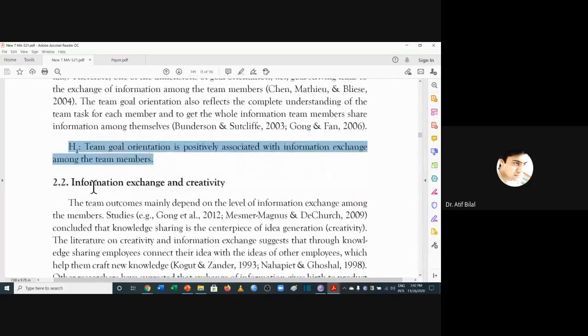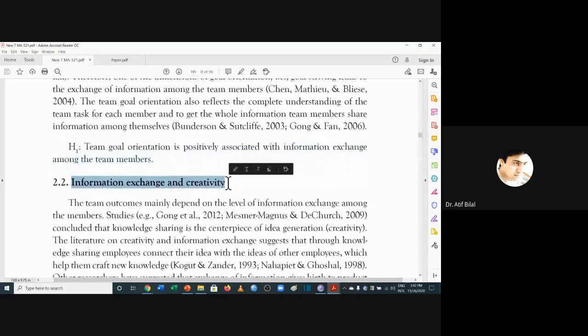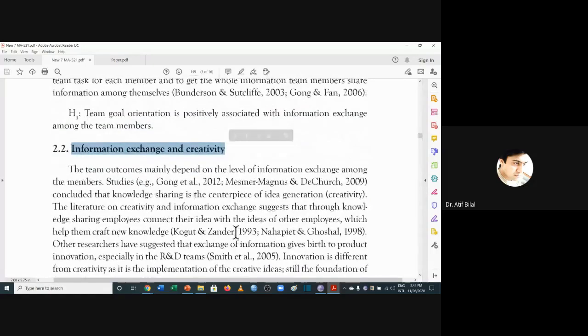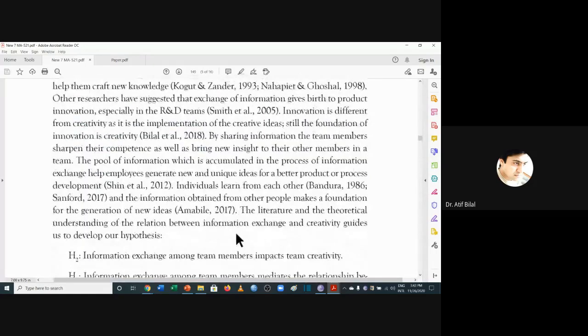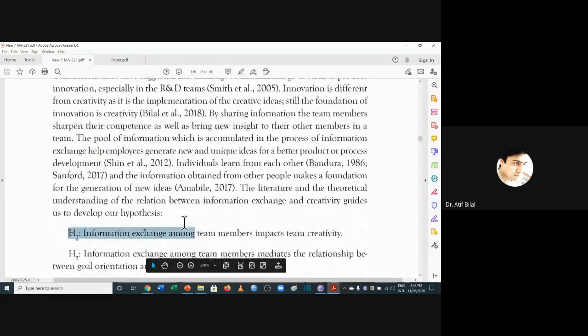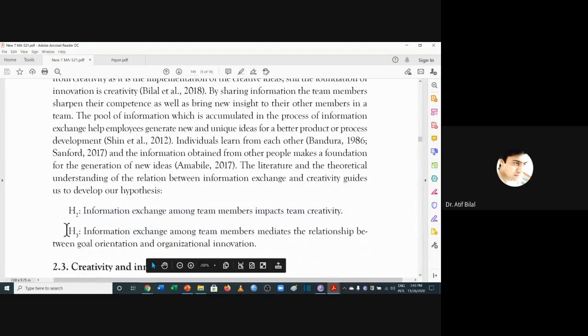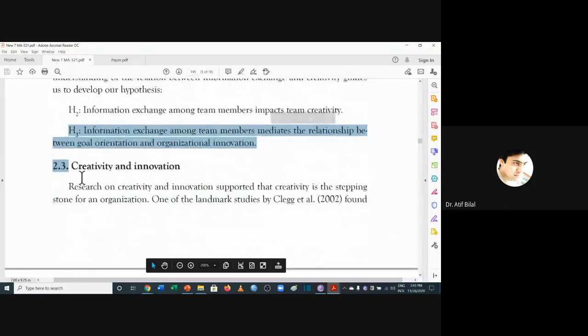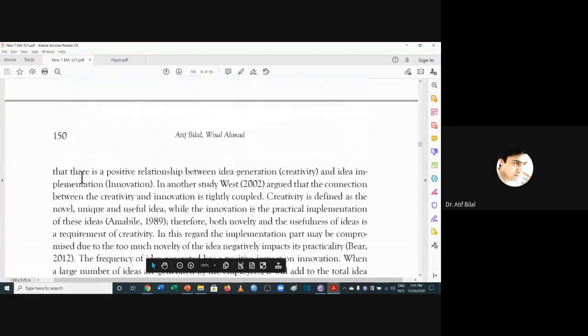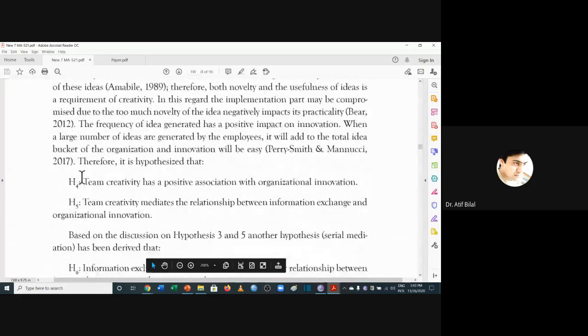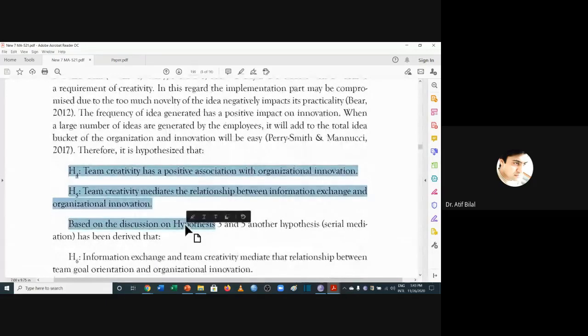Then the second hypothesis, information exchange and creativity. We talk about their relationship, and then at the end, we are saying that information exchange among team members impacts team creativity, and also the third hypothesis. The same way with creativity and innovation, we have given some literature here, and then at the end, we are making the hypothesis.